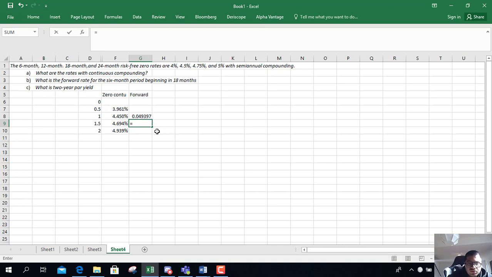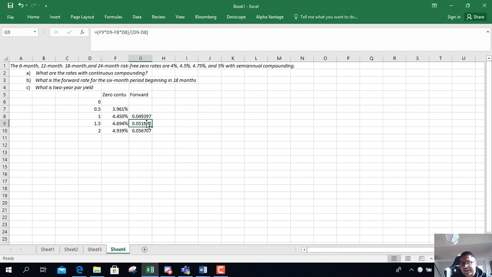So same way if you do, it will be 4.94 into 1.5 minus 4.450 into 1 divided by 1.5 minus 1, and I'll just drag it. So these are forward rates. Now they are asking you what is forward rates 18 months from now.